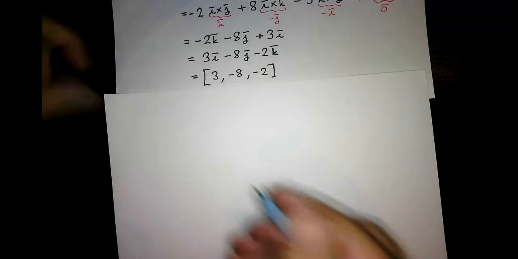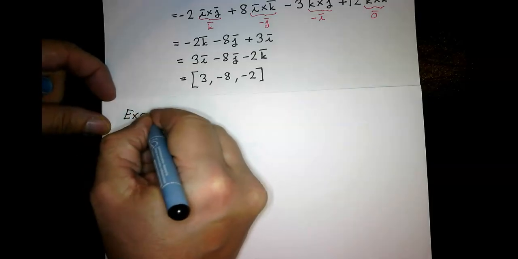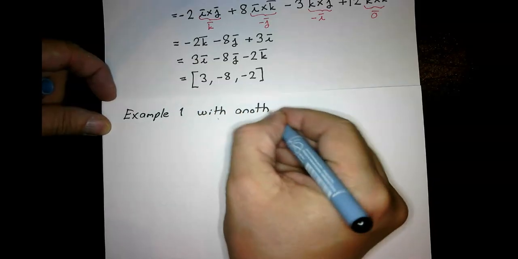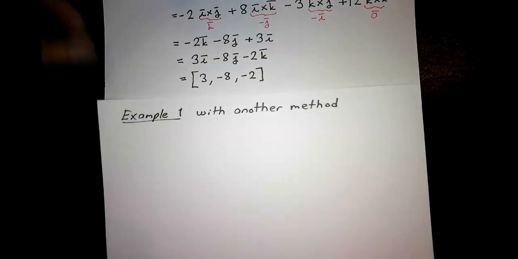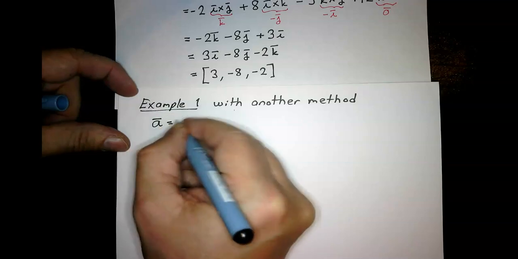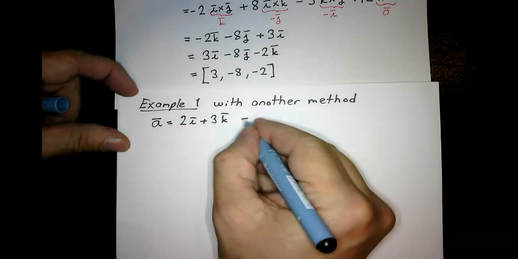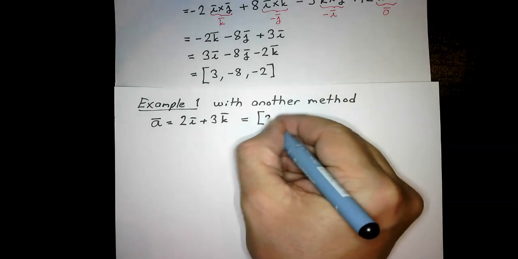So let's take another one with another method. So we had this vector A, 2i plus 3k, which actually in this bracket form is 2.